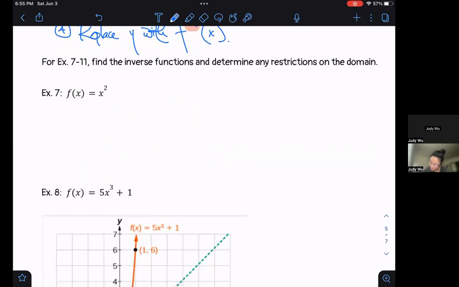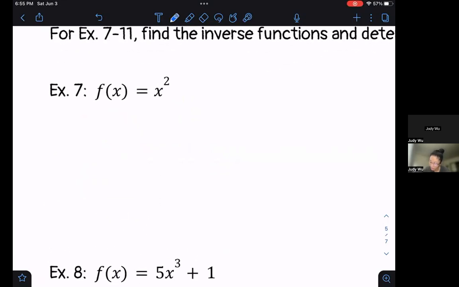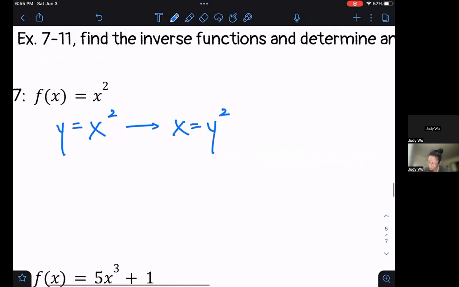All right, so let's start. Example 7, f of x equals x squared. So first step, I'm going to go ahead and replace the f of x with a y. So y equals x squared. All right, now I'm going to switch the x and y. So I get x equals y squared.